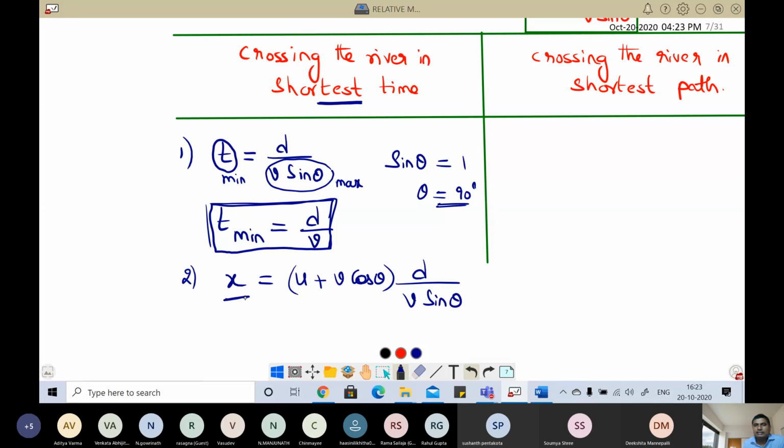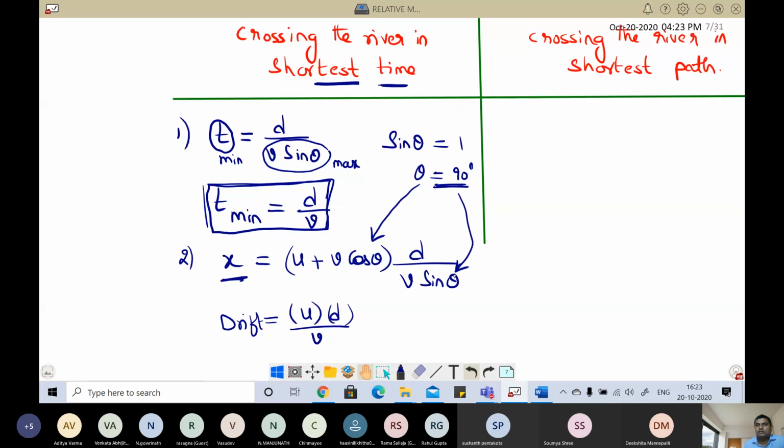We are calculating drift in this case, shortest time. So for that the angle is 90. Substitute this angle here as well as here. Cos 90 is 0. So therefore u into d divided by sin 90, so therefore v. So this is called drift.